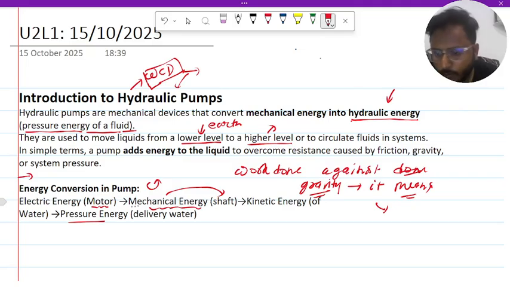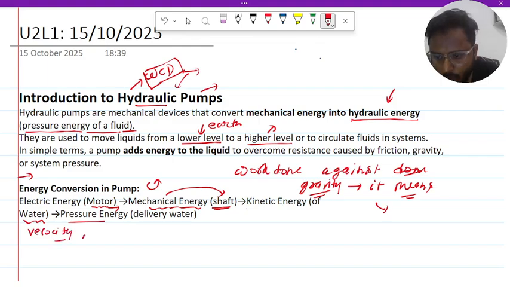So the rotational energy from the motor is receiving the energy from the electrical supply, and that electrical energy is converted into mechanical energy, and this mechanical energy is giving a motion to the water particle or liquid particle. Here we are talking about hydraulic pumps, so hydraulic pumps will deal with water, and then this water will attain a certain amount of velocity.